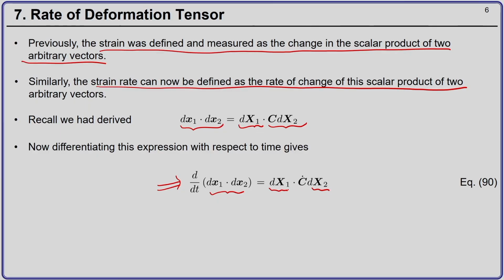Therefore, we have dx1 dot C dot dx2. So, the time derivative of the right Cauchy Green tensor.